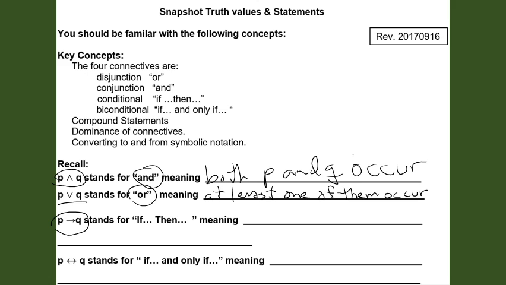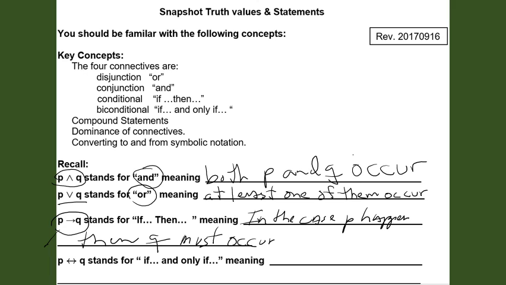Next one, P implies Q. This is the if-then statement. What this means is, if it's the case P occurs, then Q has to occur. So in the case P happens, then Q must occur.